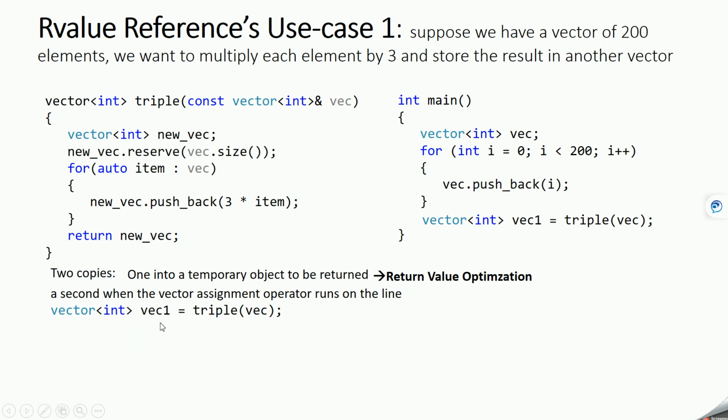So here a lot of memory allocation and copying of elements is happening, and that is redundant. This could be avoided even in C++03 by making this triple function return the vector by pointer. Instead of creating the vector by value, you can create this vector as a pointer and return that.